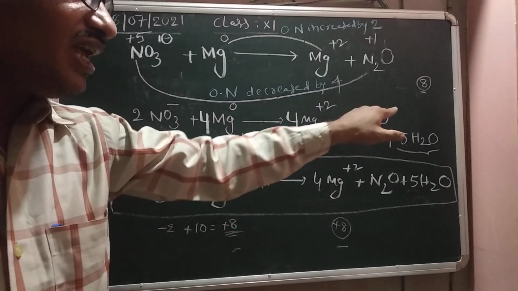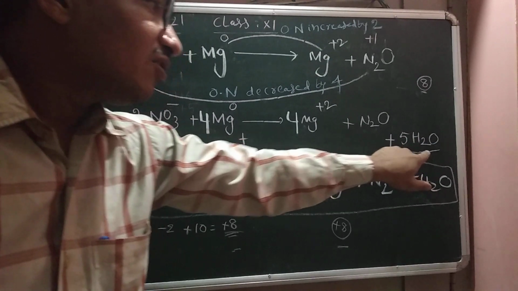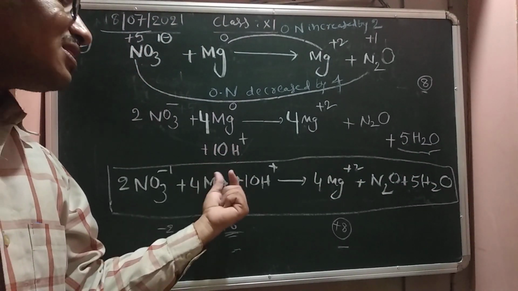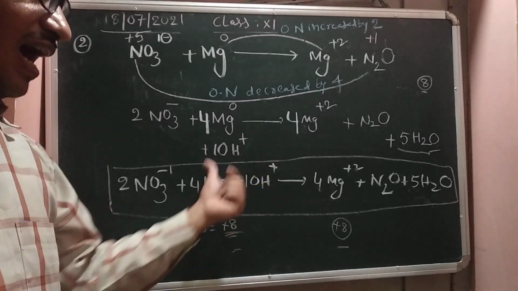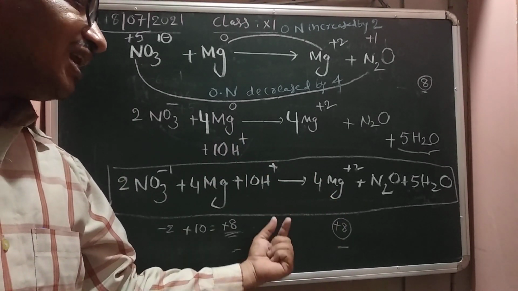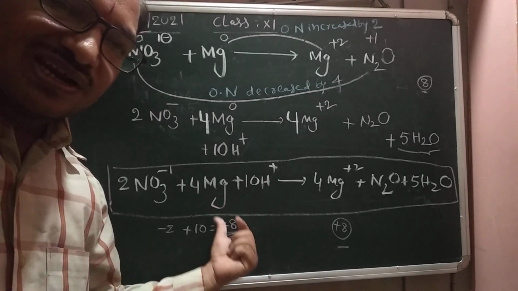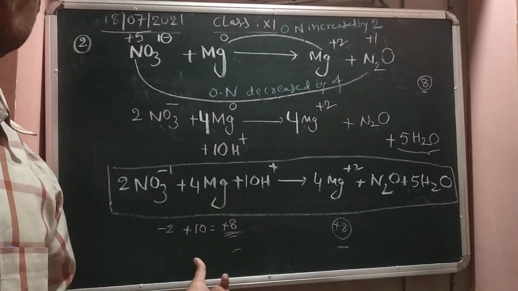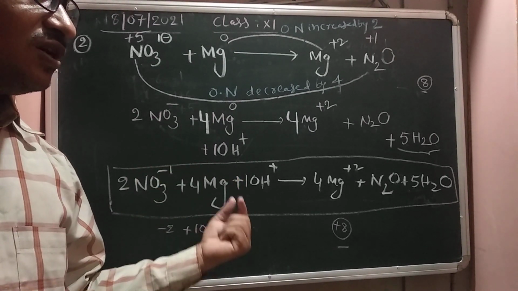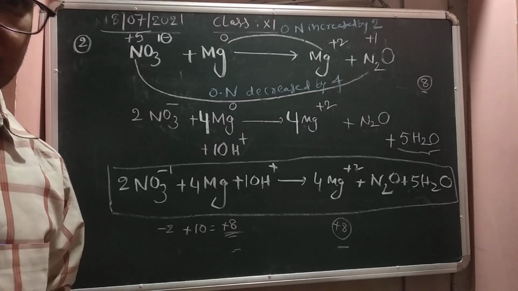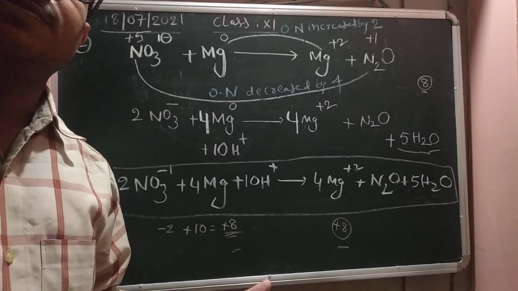Wherever oxygens are less, that side we add H2O molecules, and wherever hydrogens are less, that side we add H plus ions to balance hydrogen atoms. Finally, you will get one equation. Once you get the equation, you have to recheck whether the equation is balanced or not. Such types of problems will be asked in the examination. If this question is asked, they will ask for 2 marks or 3 marks.